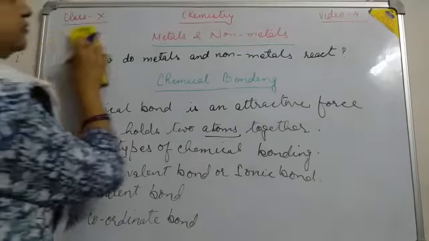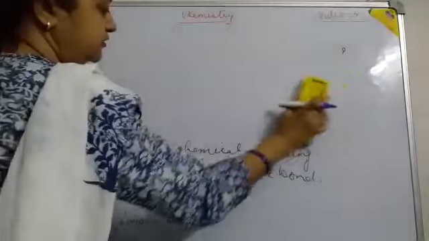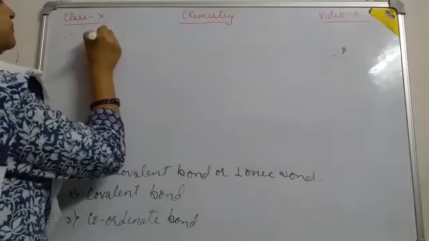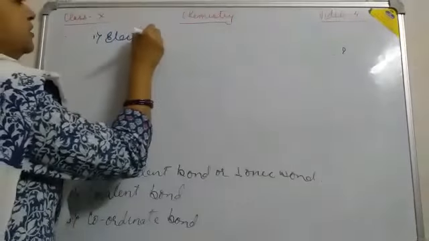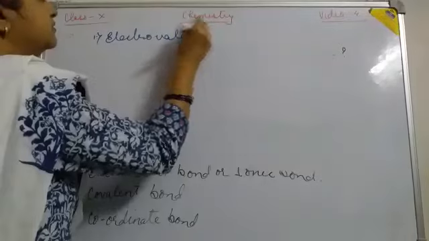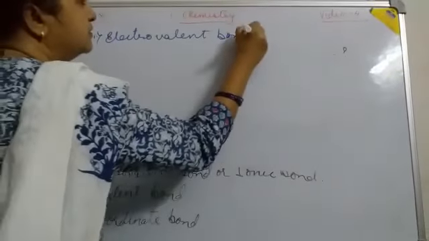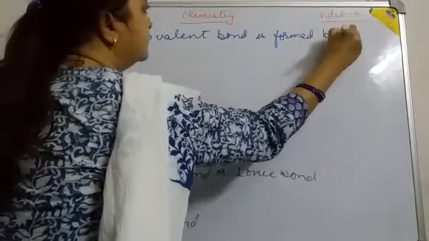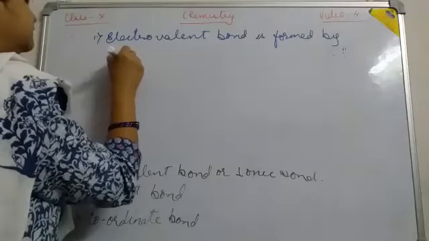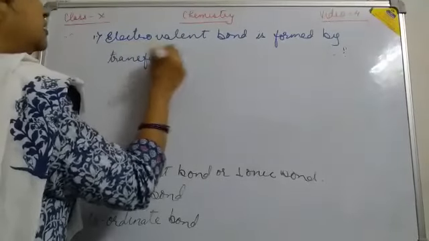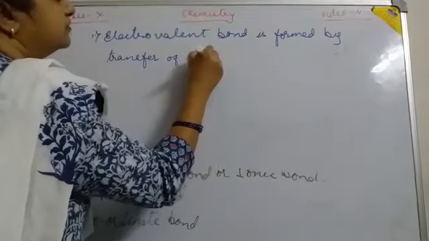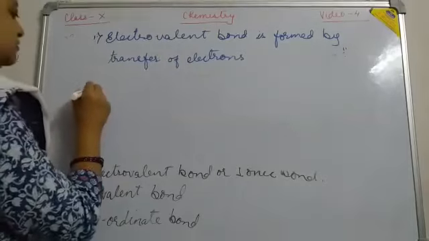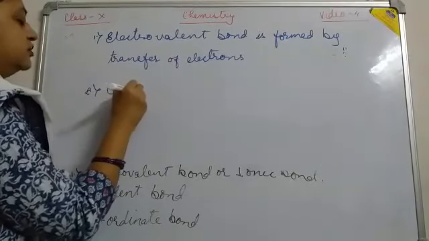First is the electrovalent bond. The electrovalent bond is formed by the transfer of electrons. The covalent bond is formed by sharing of electrons.